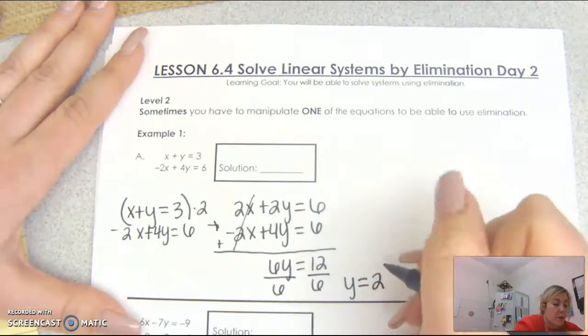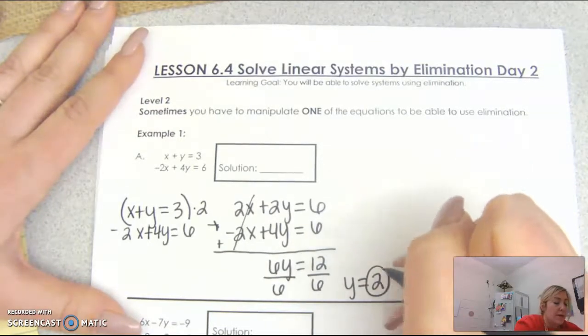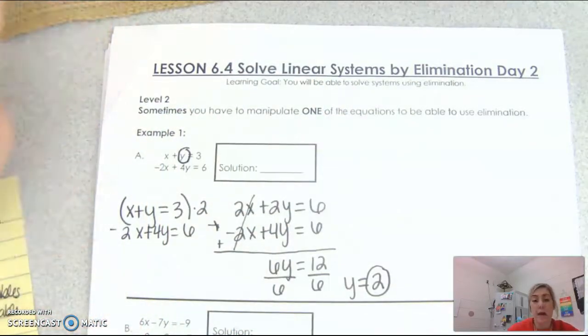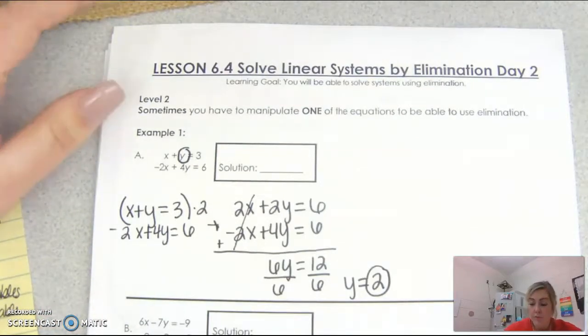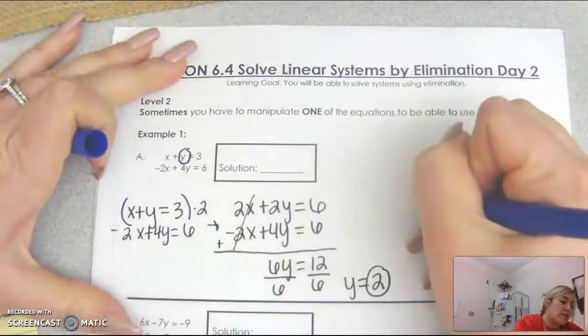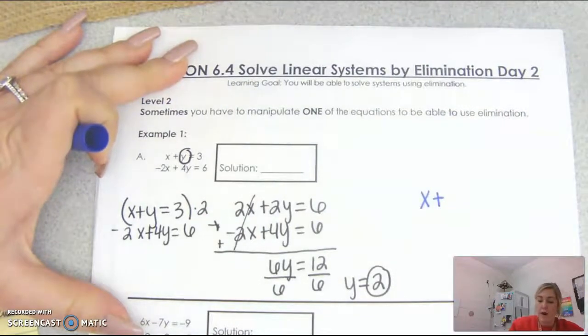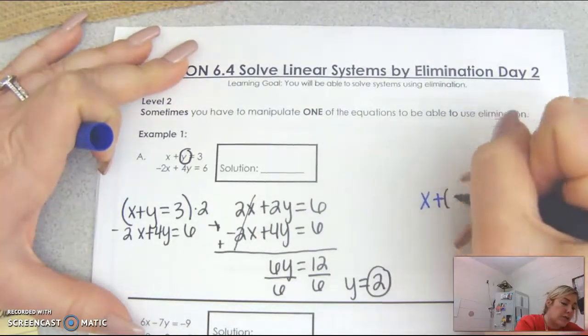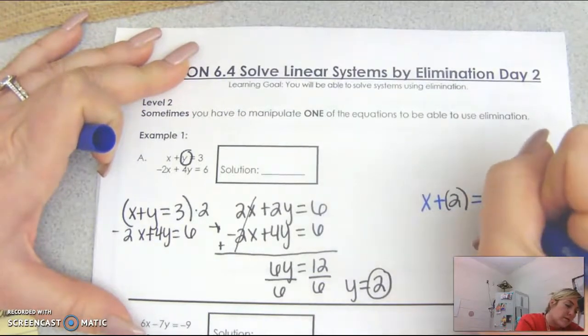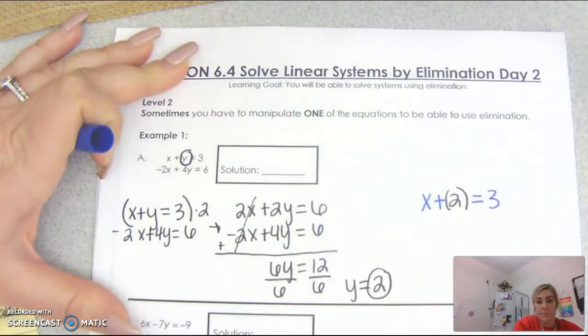Now I'm going to take what y equals and plug it in for y in the original equation. I'm going to use the top one because it doesn't have a lot of crazy numbers. So I'm going to rewrite that original equation: x plus, instead of y, I'm going to plug in that 2 because that's what y equals, and then write the rest of the equation, equals 3.